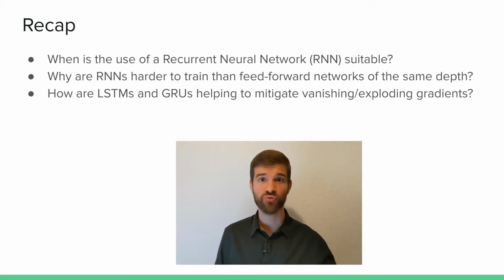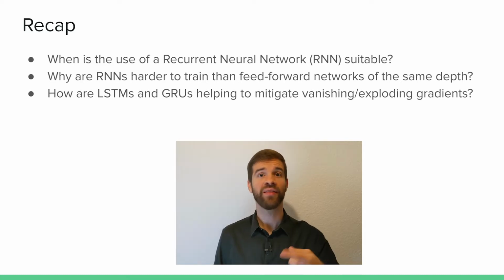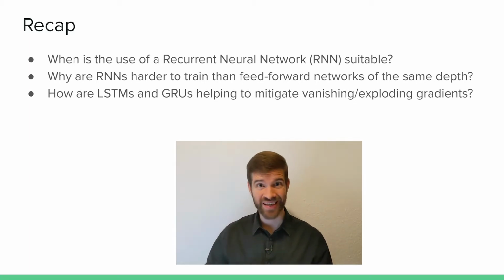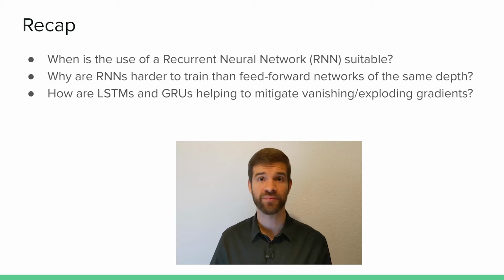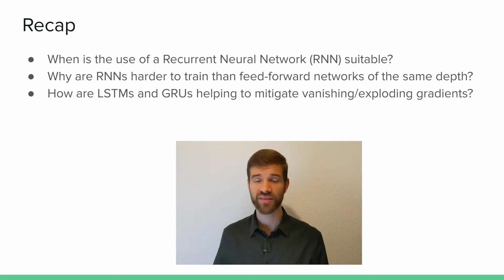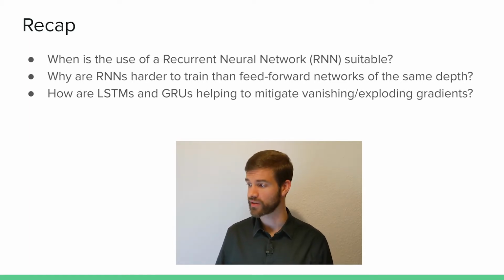Gates are special control mechanisms that control how much information can flow back into your operation. The recurrent neural cell controls these gates. Therefore, it can control how much information it wants to let into the network, how much information it processes inside the cell, and how much information out of the memory that it stores inside it allows to forget again. So that's how they're helping us to overcome vanishing and exploding gradients.